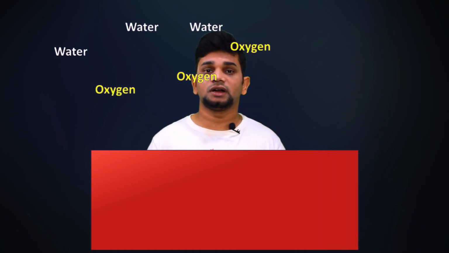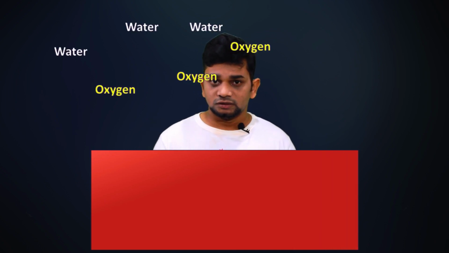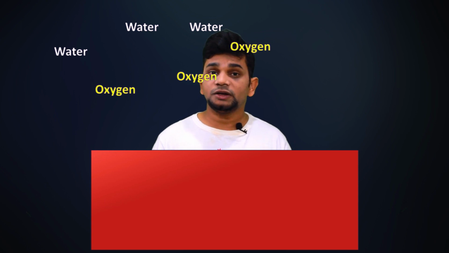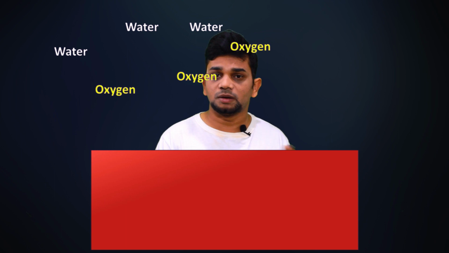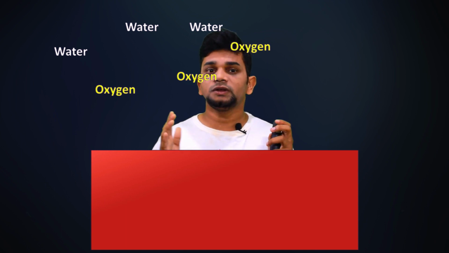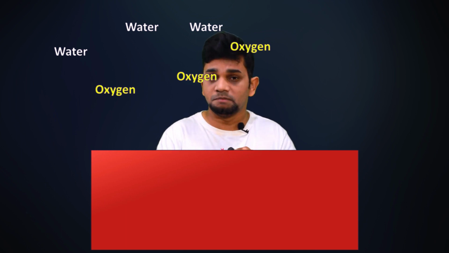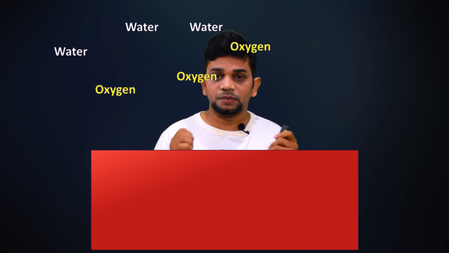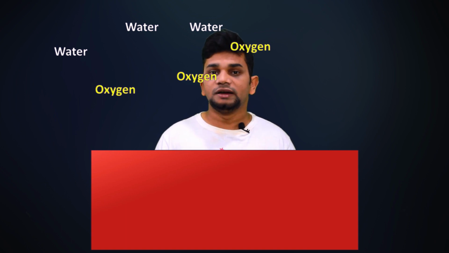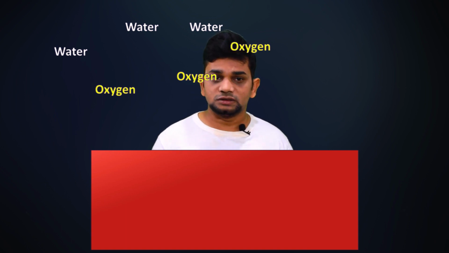In the atmosphere there are water and oxygen. This water and oxygen will try to interact with this iron. There would be a reaction between iron and these components of air, but the paint will act as a barrier, a protection. The water and oxygen are not going to react with iron anymore.